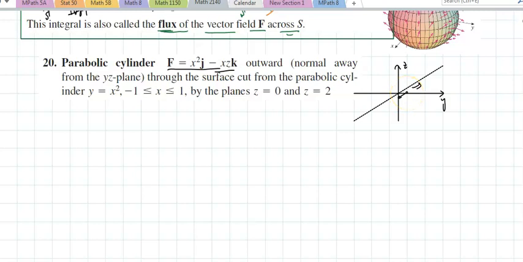So x is between -1 and 1, and by the planes z equals 0 and z equals 2. So y equals x squared. Again, the graph is not a must; we don't need the graph for this. Between x equals -1 and x equals 1, right?